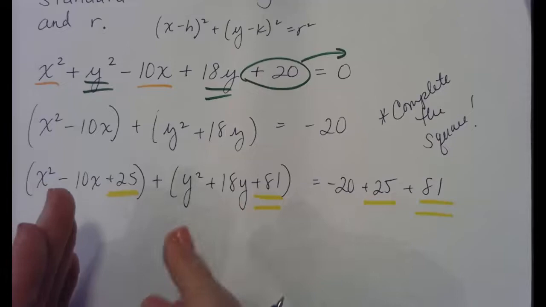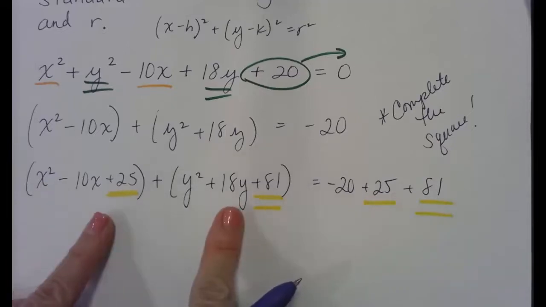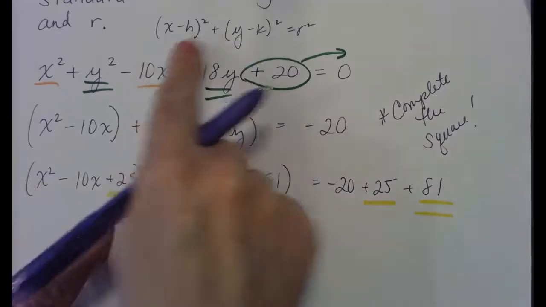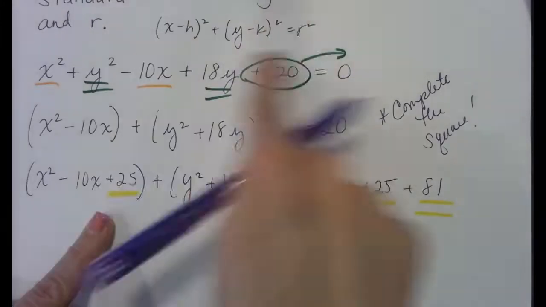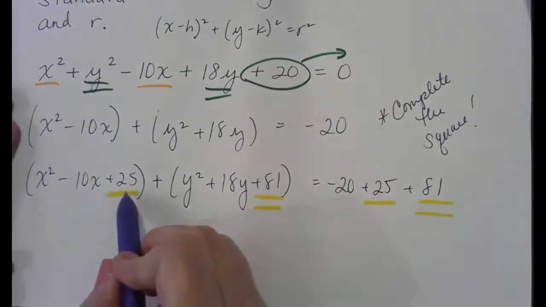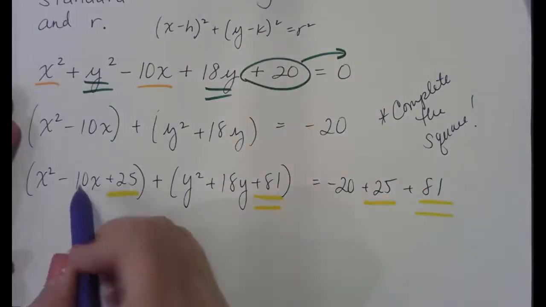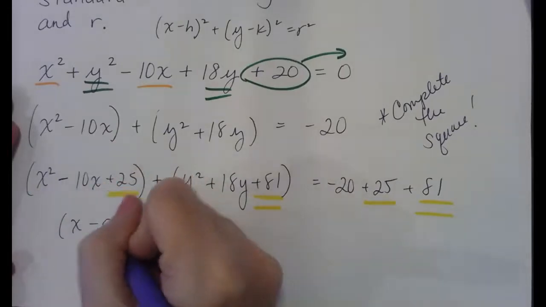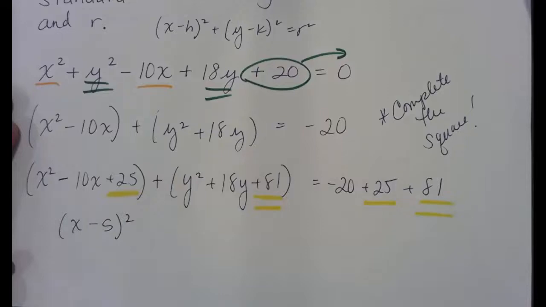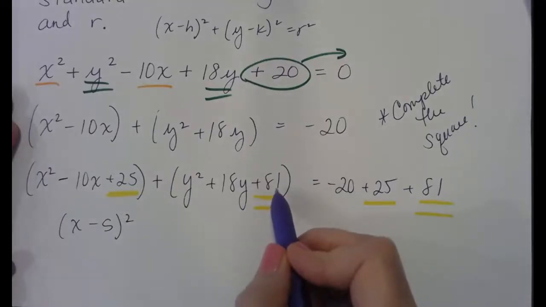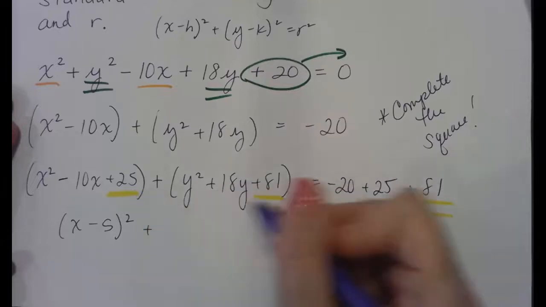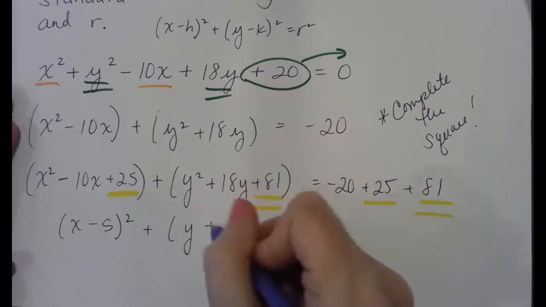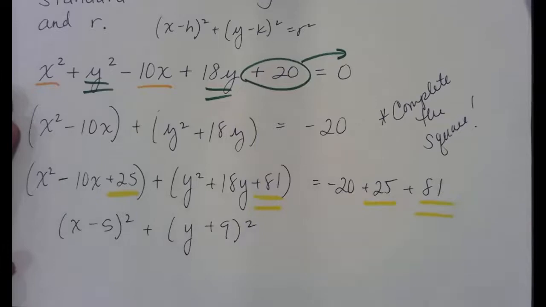Now we have completed both perfect square trinomials that now we're able to factor, because this is where we're trying to go. So factors of 25 that add up to negative 10 are going to be negative 5 and negative 5. So x minus 5 squared. To the other side, we've got factors of 81 that add up to positive 18, so that will be y plus 9 squared.